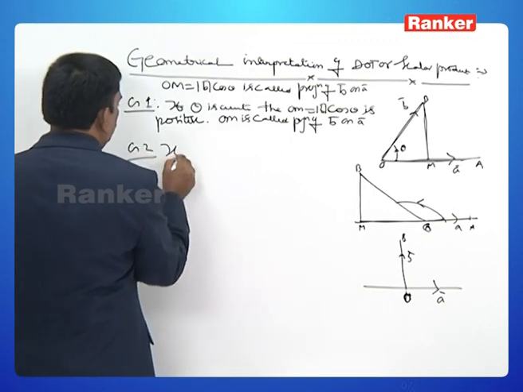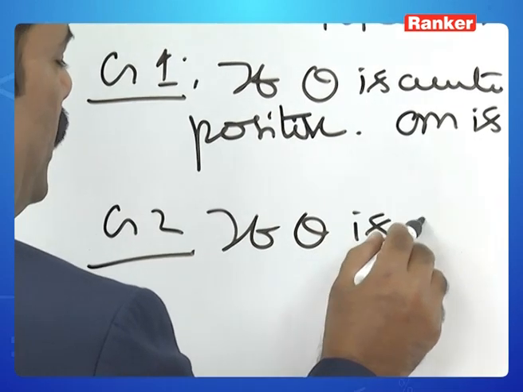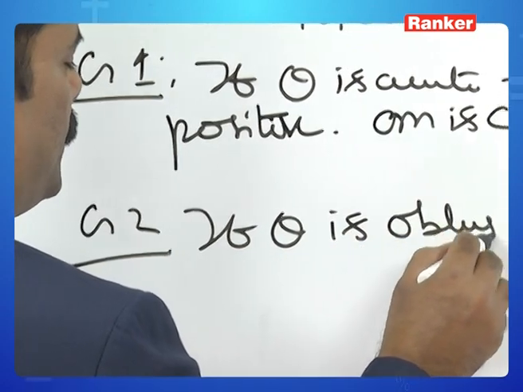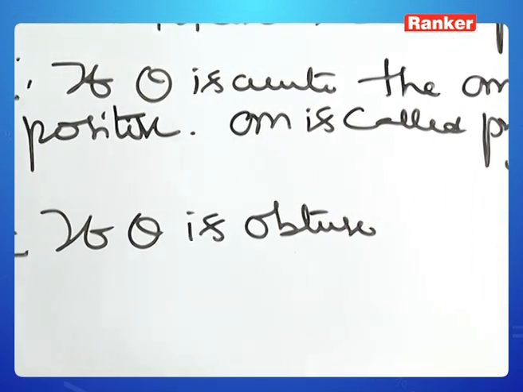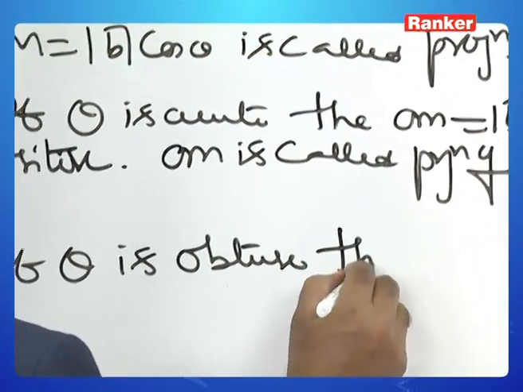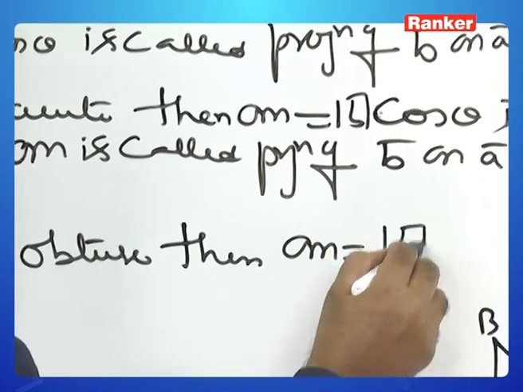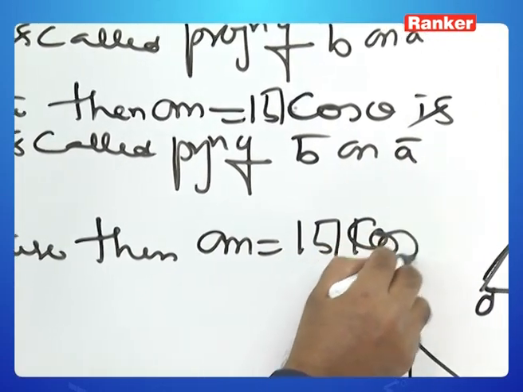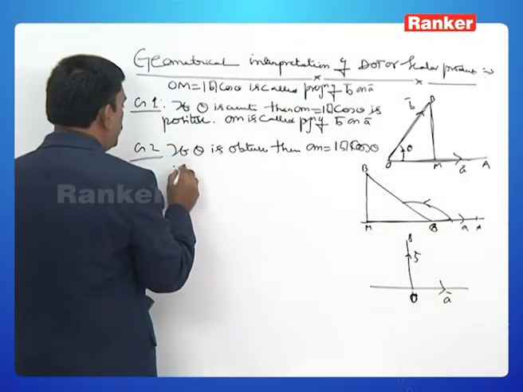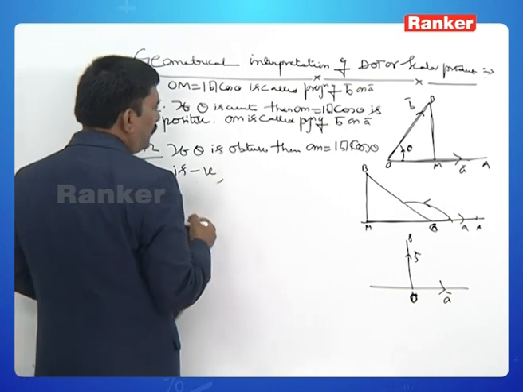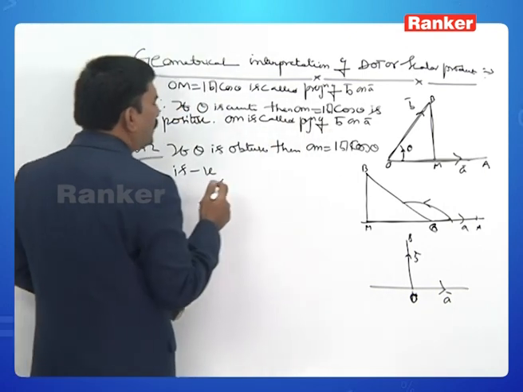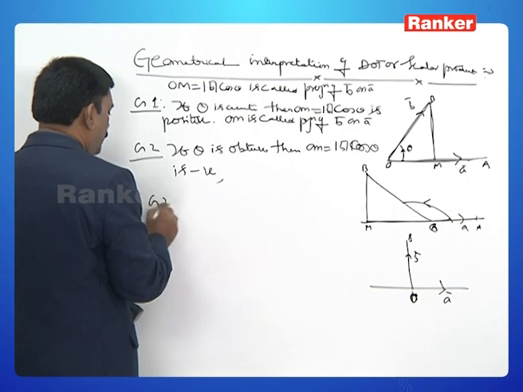Case 2. If theta is obtuse, then OM is equal to mod B into cos theta, which is negative. Therefore, OM is called projection of B bar on A bar, and this one is negative.